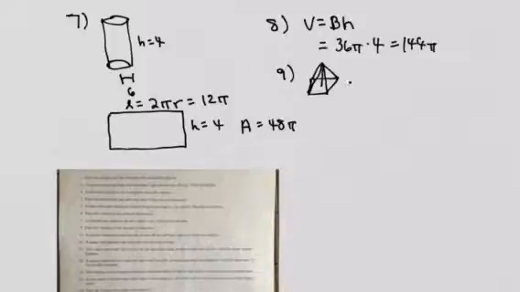So that's the lateral area equals the 4 triangles. The area of those 4 triangles.